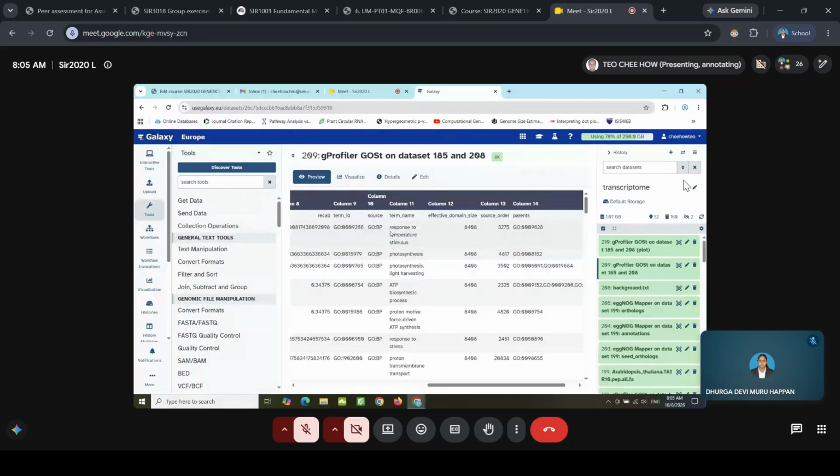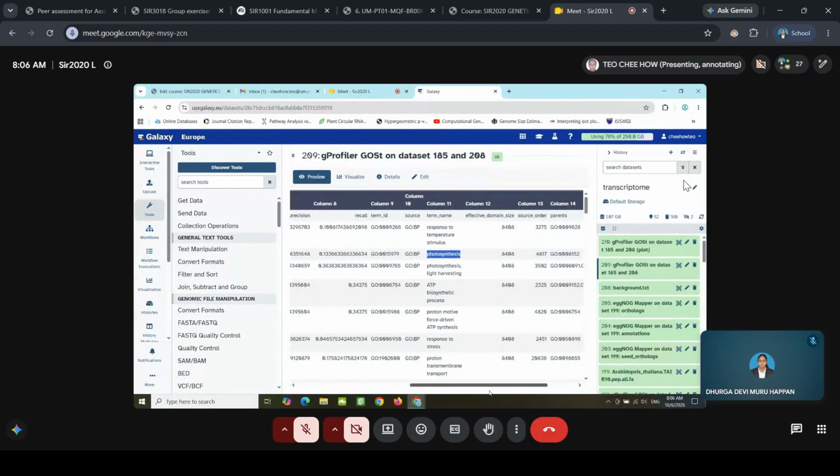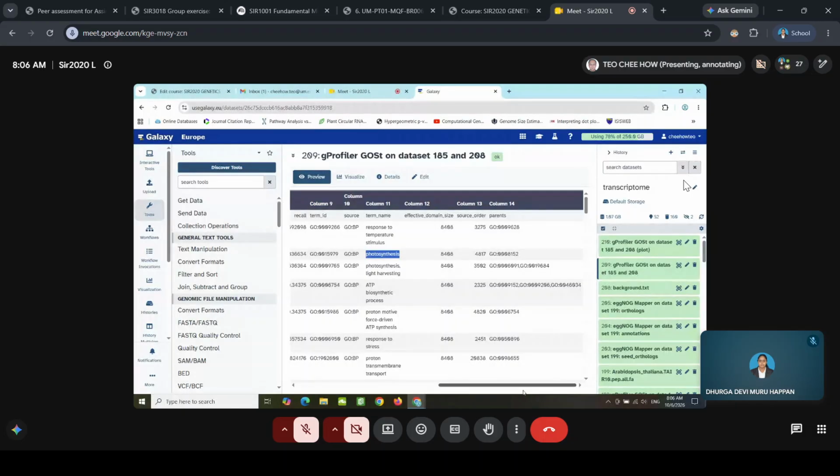For example, here is the GO term involved in temperature response. So this indicates that your differentially expressed genes are involved in the temperature changes, right? And also photosynthesis is involved in the heat stress response. So this is what you would like to mention in your result.